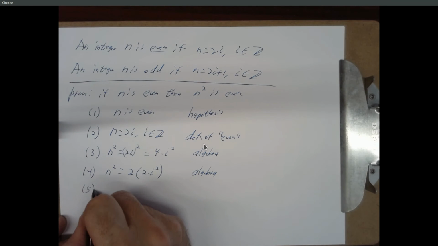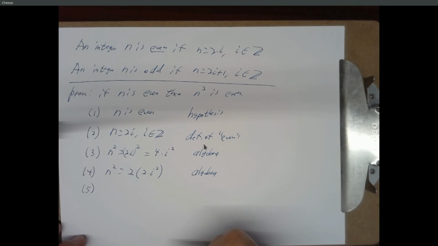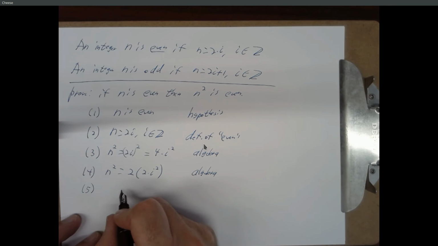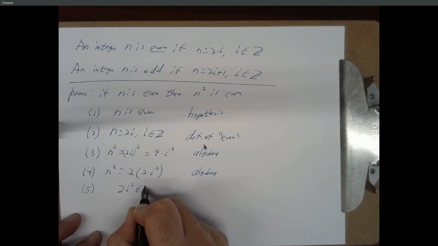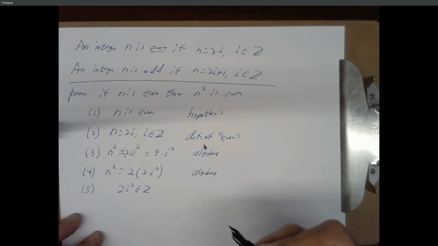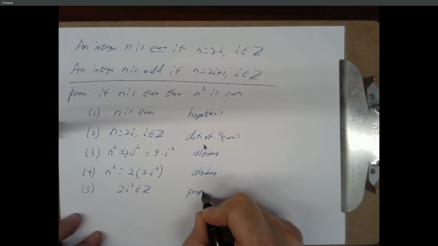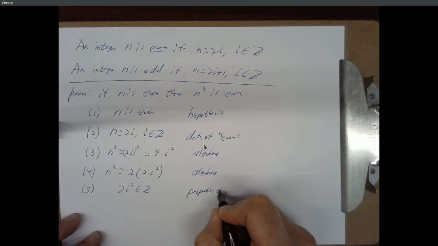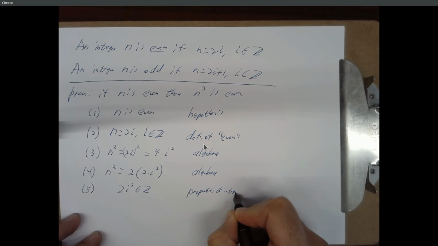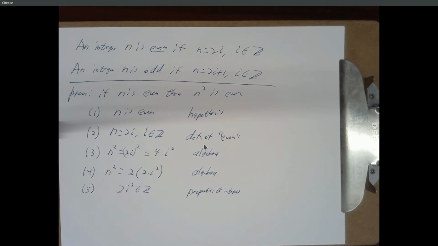And you probably don't need to make this a separate statement. You need to say it somewhere, but 2i squared is an integer. And I'm just going to say properties of integers. So if we have an integer and we square it and we multiply by 2, we're still going to get an integer.